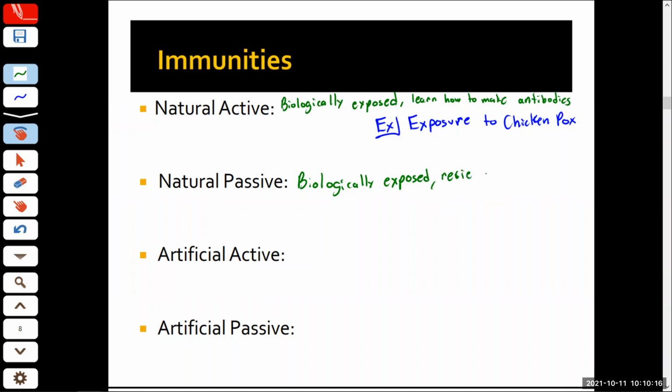Receiving antibodies. I'm receiving somebody else's memory. So again, I'm going to say natural passive here would be like breastfeeding. Okay, let's think about this. Chickenpox. Most of you guys probably got vaccinated for chickenpox. I think that's a new thing. Older folks like myself, we had fun with it.